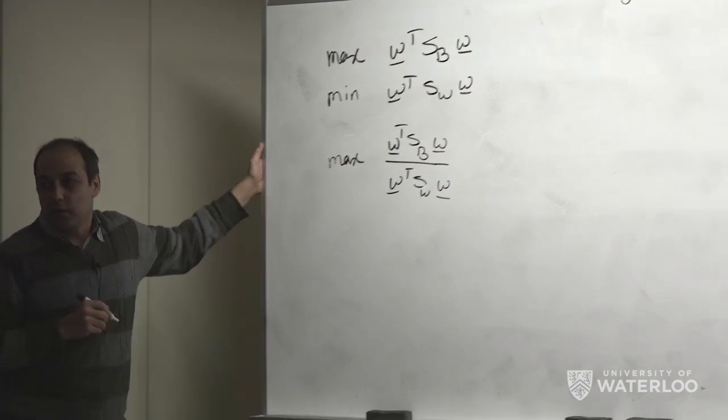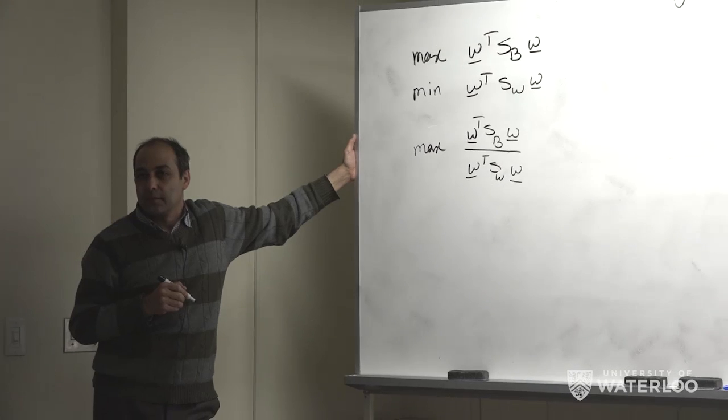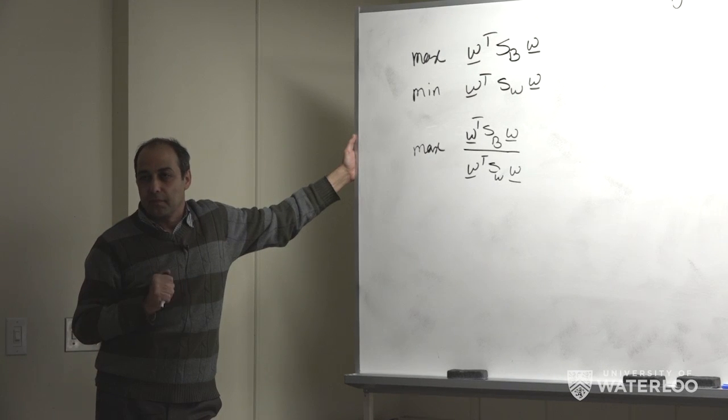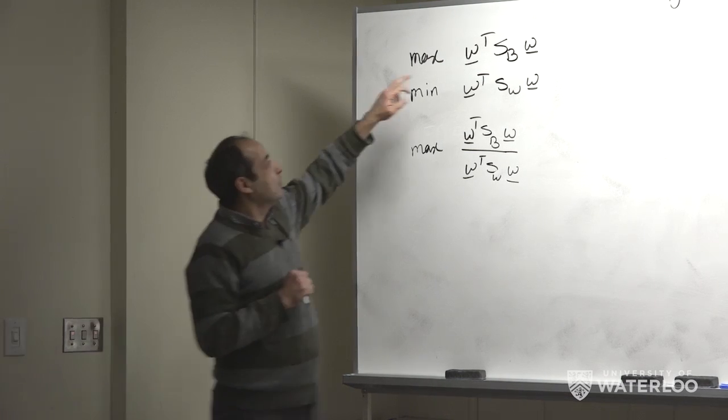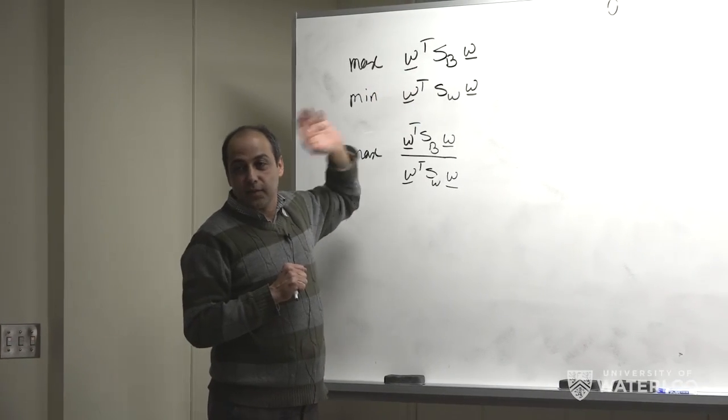Is there any other way to do it? Yes? Can you use the first term minus the second term? We can do first minus the second. Right, that's another way. You can do this minus the second term and try to maximize.